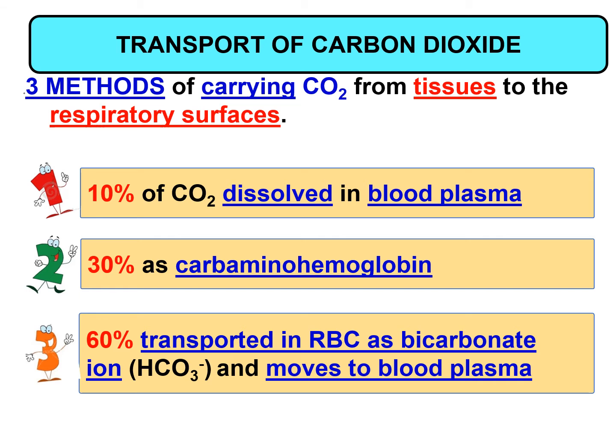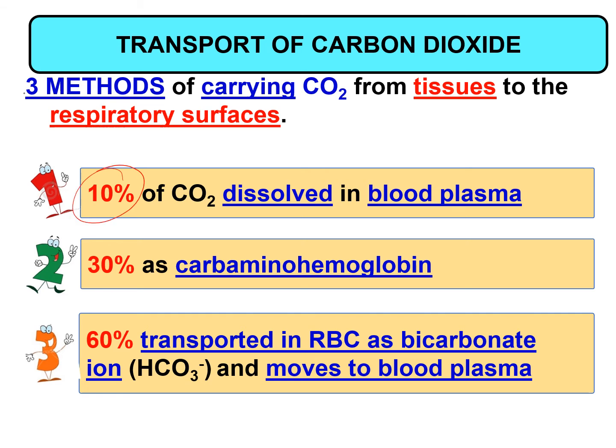So we are going to explain how carbon dioxide is transported from tissues to the respiratory surfaces, the alveoli. Let's say the carbon dioxide is diffused from the respiring tissue into the blood capillary. What happened to the carbon dioxide once it crosses into the blood capillary?